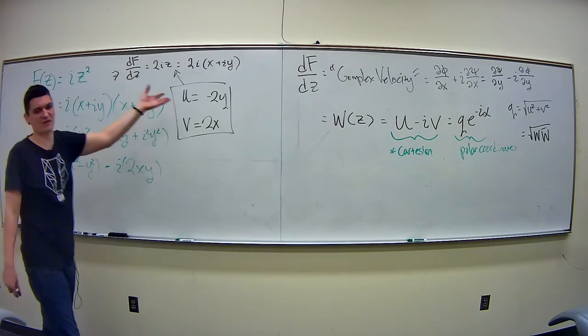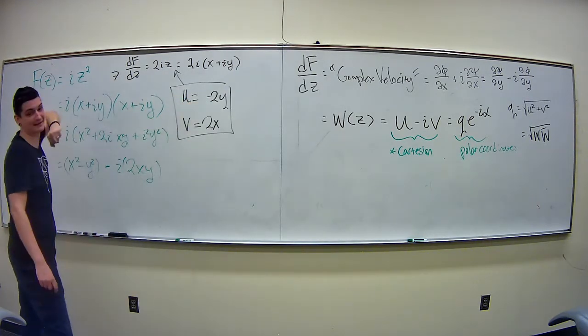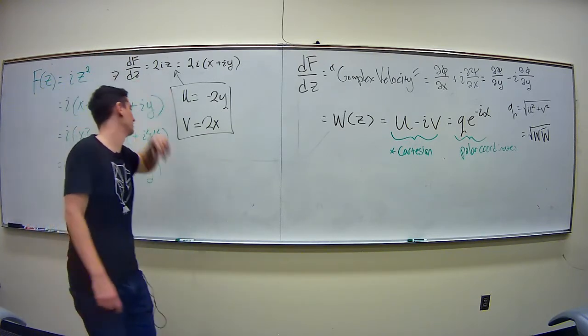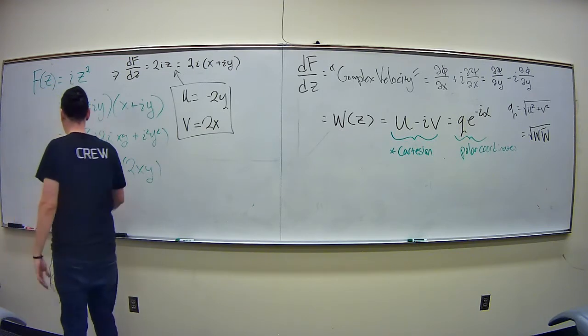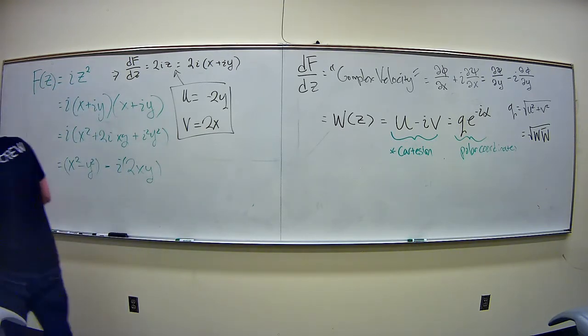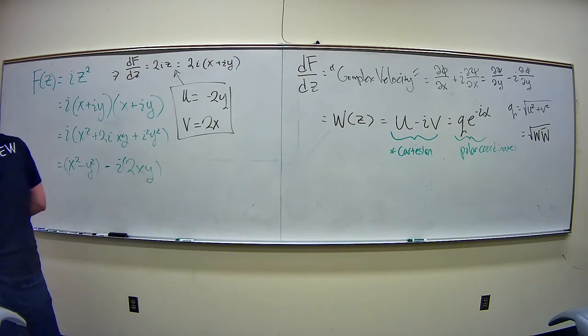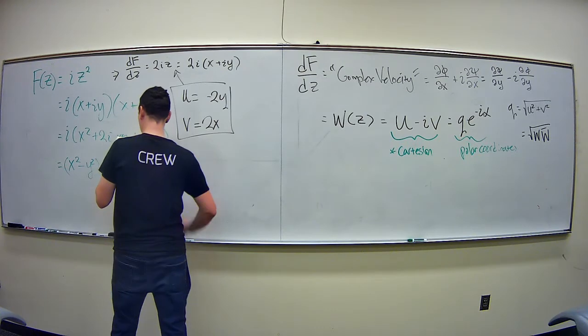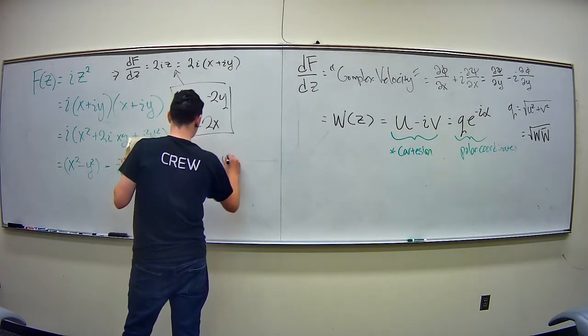But most things you can write down having z's in them, you write out the f, take a derivative, and then you can identify what your u and your v is. You can even identify what your phi and psi are.